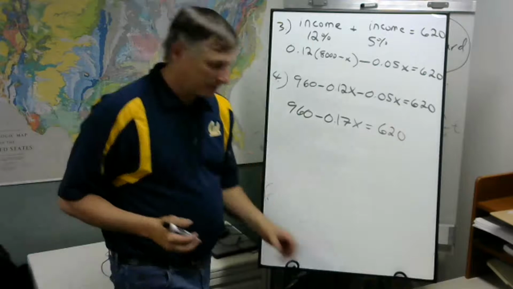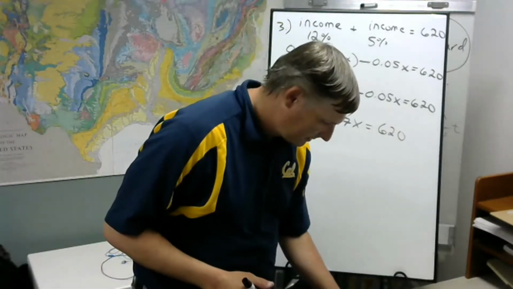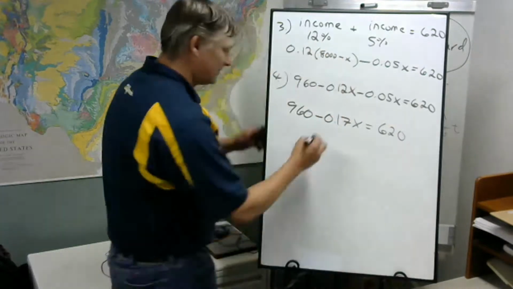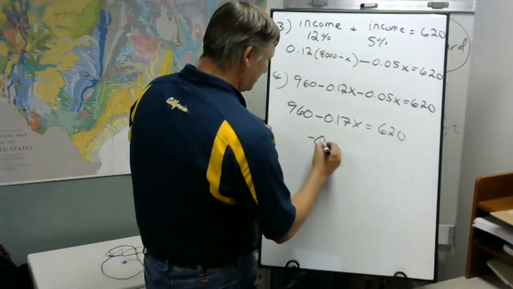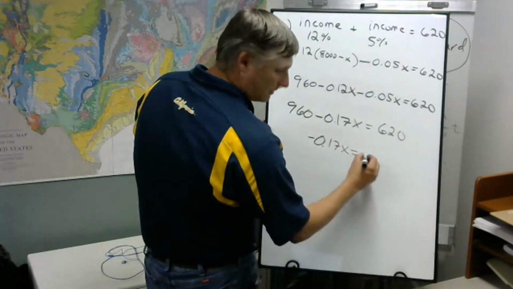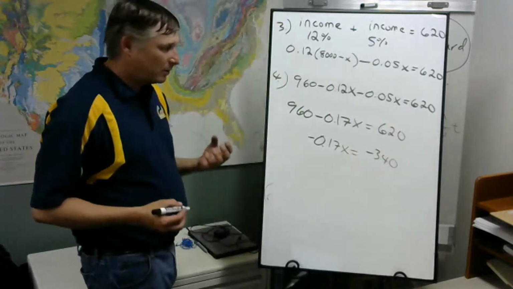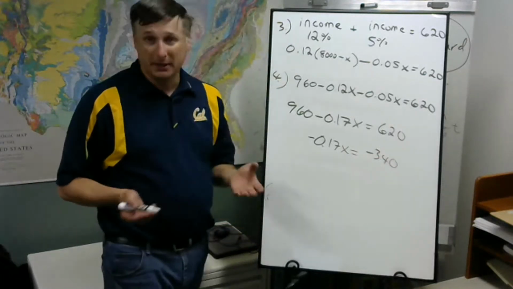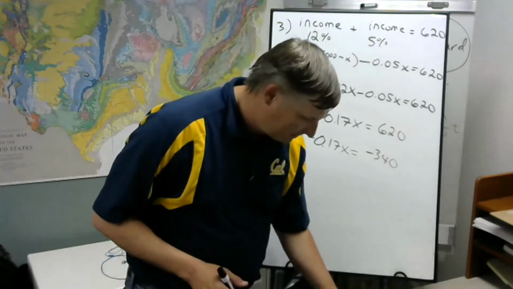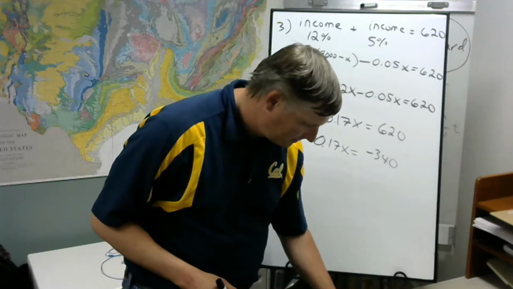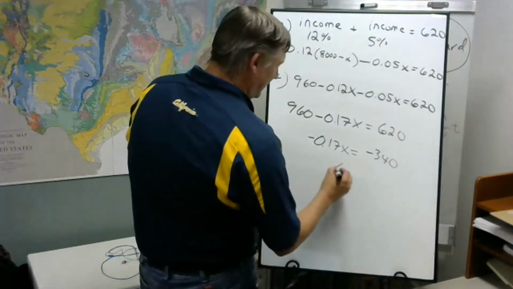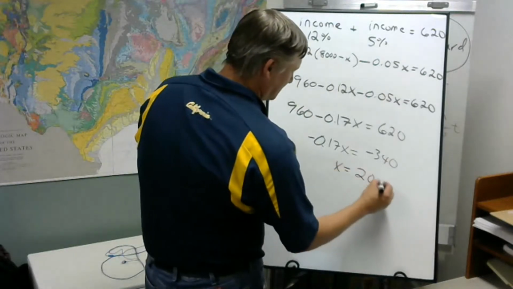Subtract 960 from both sides. We get minus 340. Divide both sides by negative 0.17, and we get X is 2,000.